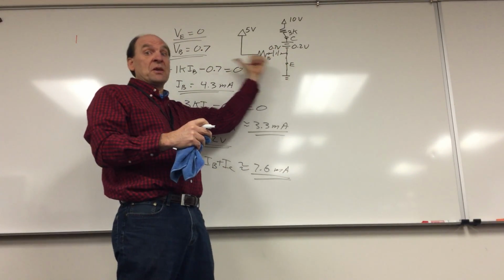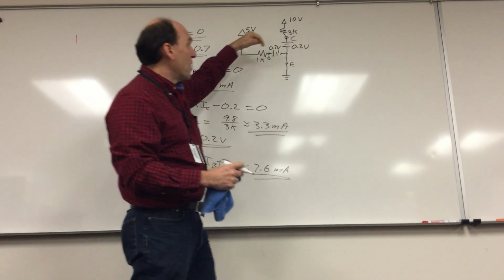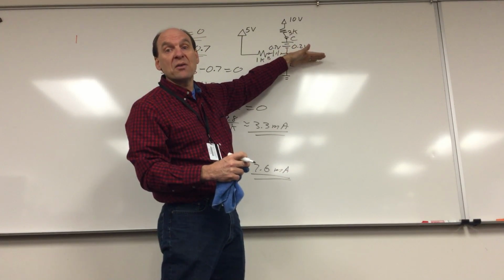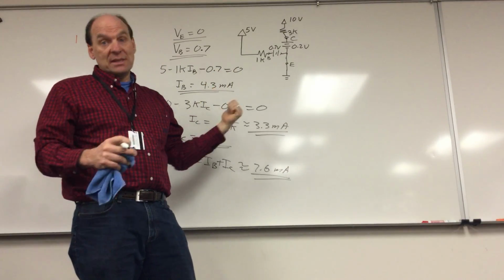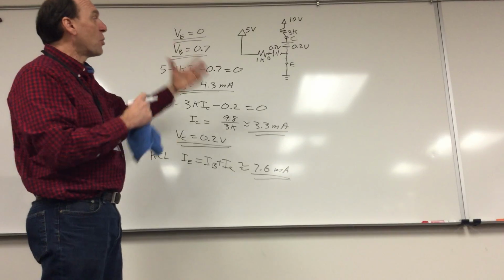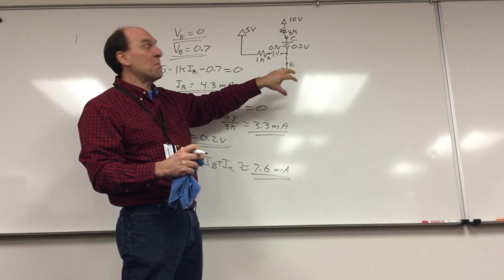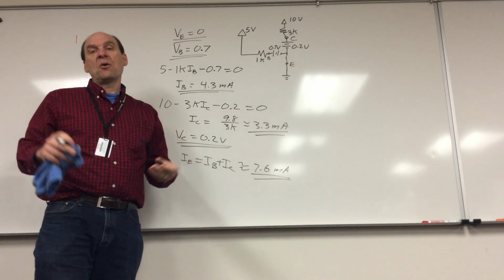If it turns out it's going the other way, that would indicate you're in cutoff. The other thing that has to be true is VC must be 0.2 volts or greater than VE. In this example, it wasn't, and so our assumption was incorrect. We have to rework the problem with the saturation mode assumption. We put in the new circuit model and do our calculations. I hope that was helpful to you.